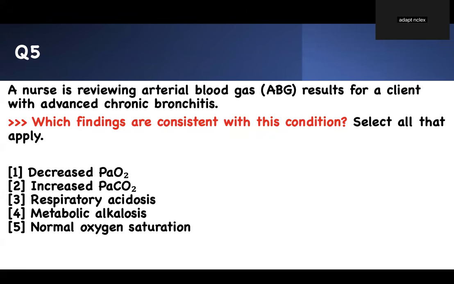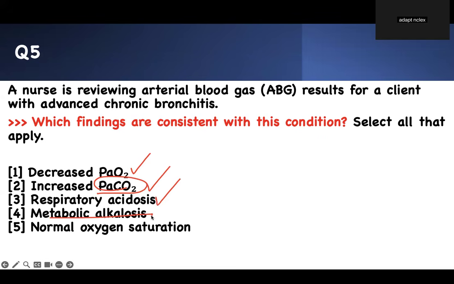They have hypoxemia. Therefore, if you have hypoxemia, you're going to have decreased oxygenation, and therefore PO2 is decreased. They have respiratory acidosis, retention of CO2. Excellent. And this is consistent with respiratory acidosis.